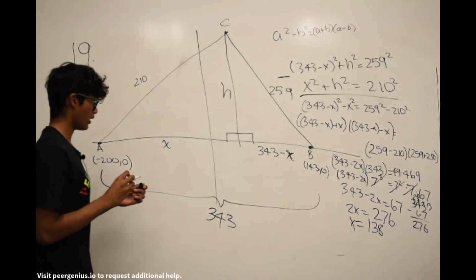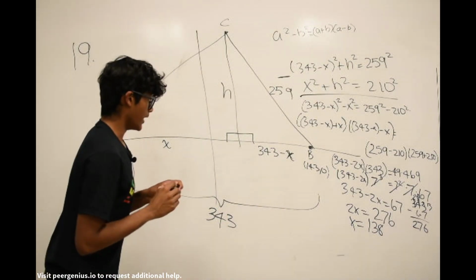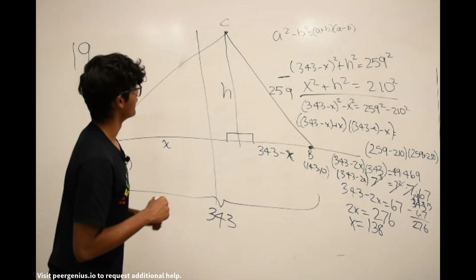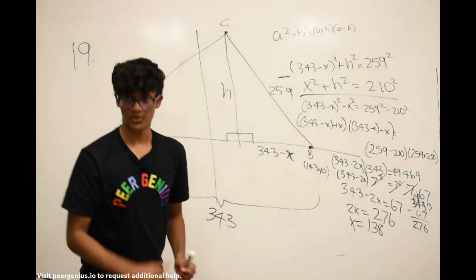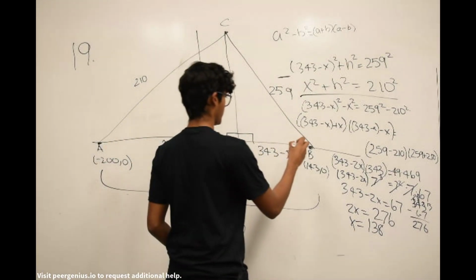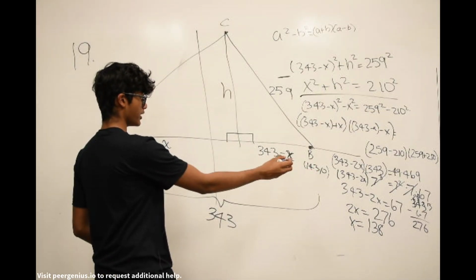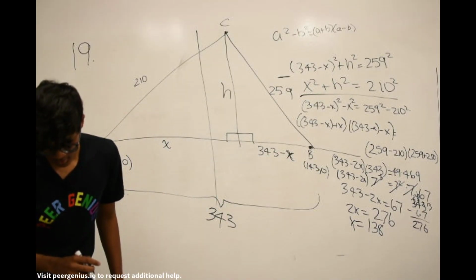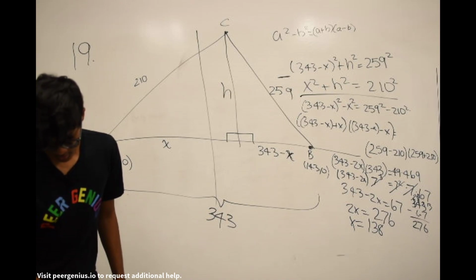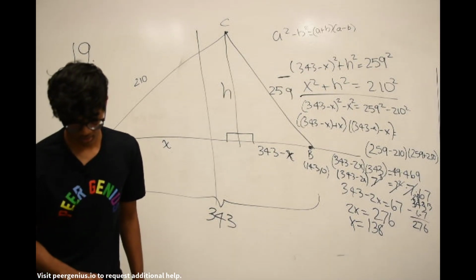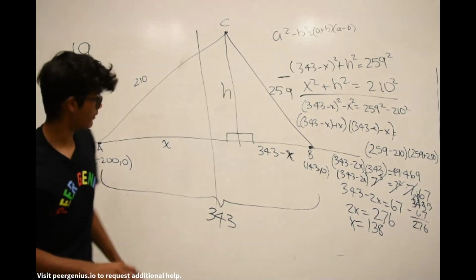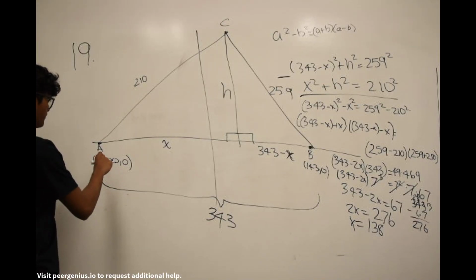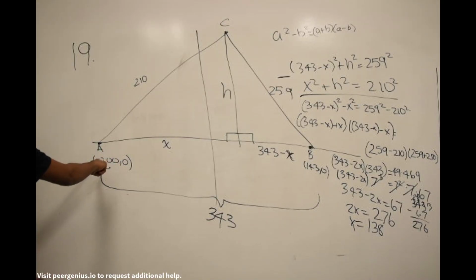Now we're looking at the x-coordinate of the point C. The x-coordinate of B is 143, and the x-coordinate of A is negative 200.